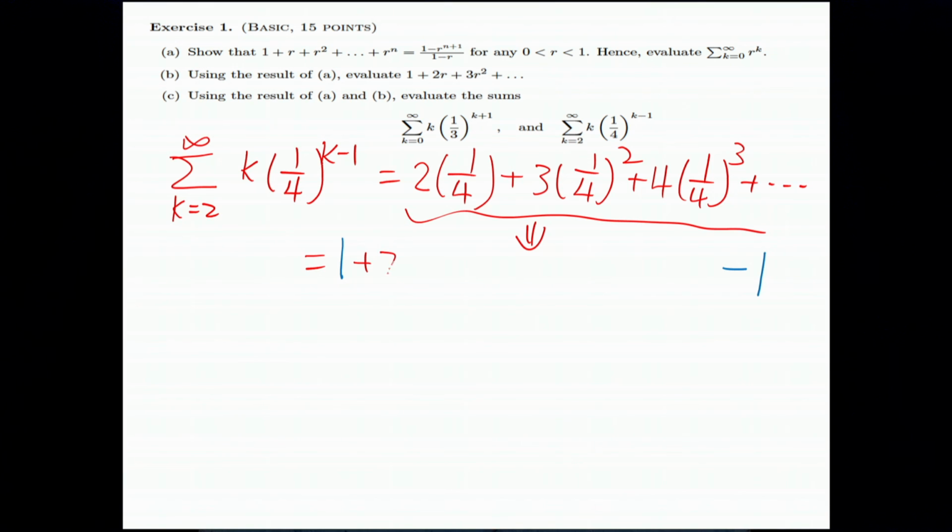So it's 2 times the ratio, 3 times the ratio squared. Why did I add 1 and minus 1? Since this term is from part B.